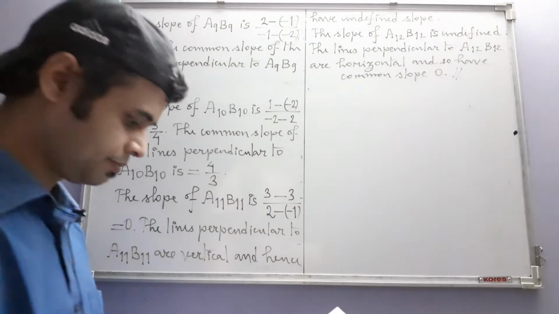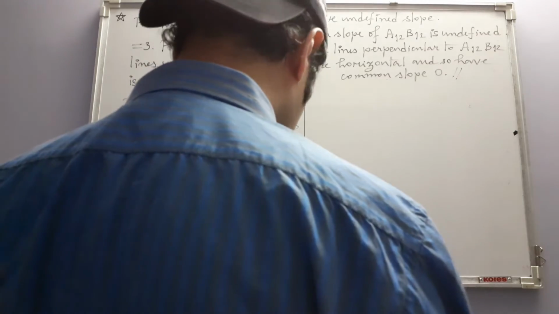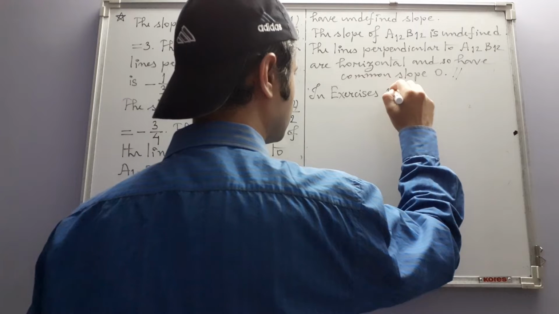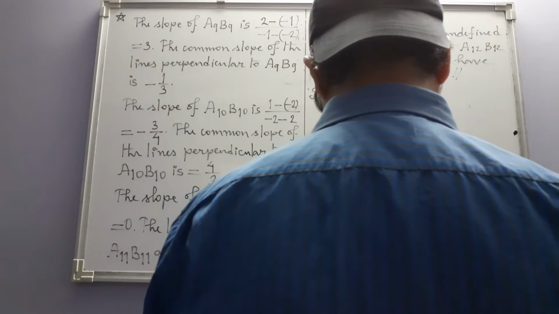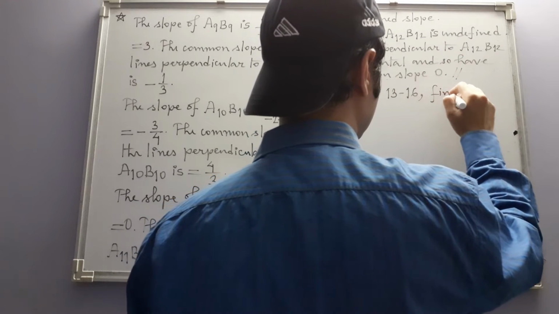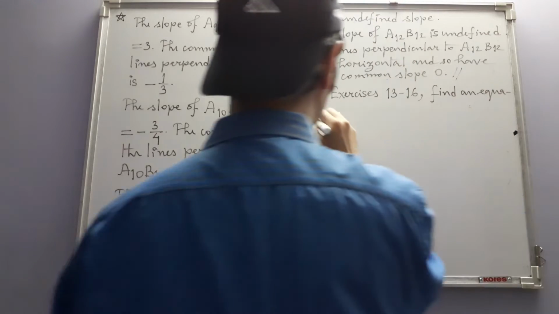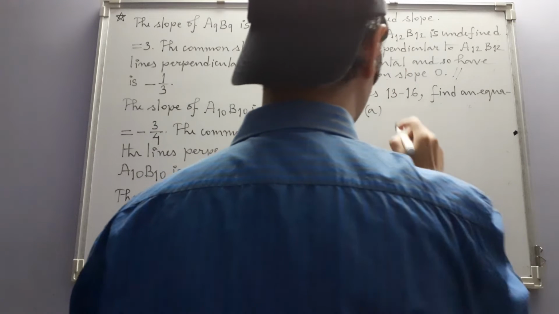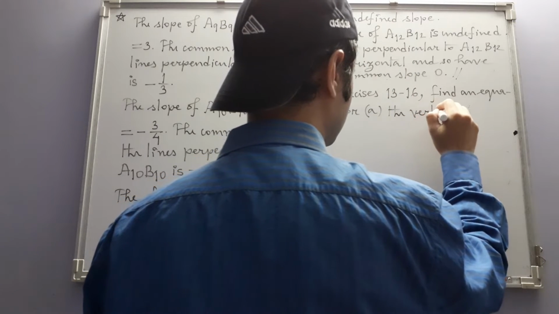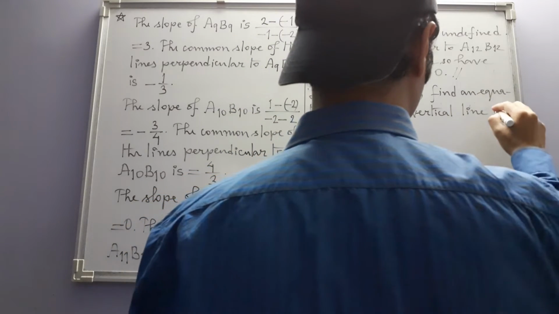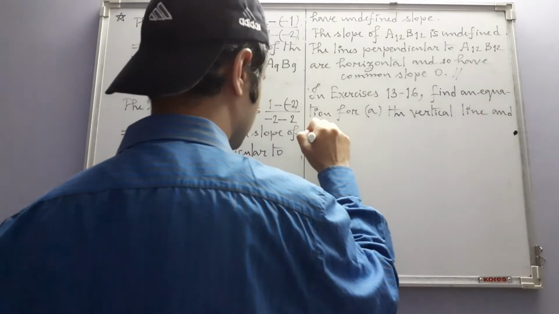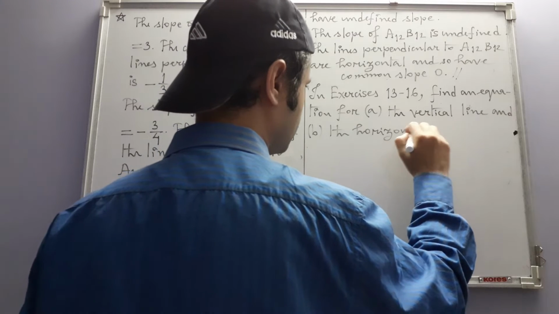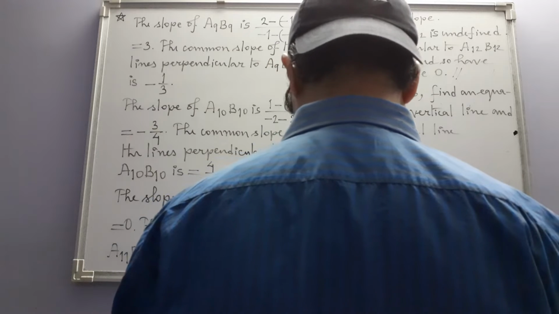Okay, now after this, in exercises 13 through 16, find an equation for A the vertical line and B the horizontal line through the given point.